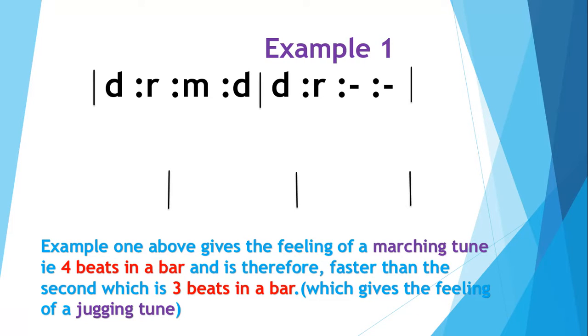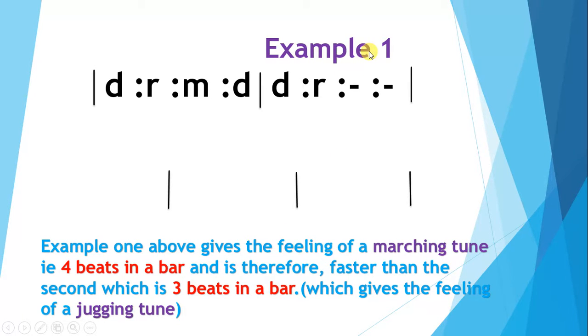It also goes in line with SOLFA notation. Remember, SOLFA notation is just what is in music that has been written down, so that anybody anywhere can pick it up at any time and have the same idea that the composer or producer of a particular piece had in mind. Are we together? So as I was saying, example 1 above gives the feeling of a marching tune.